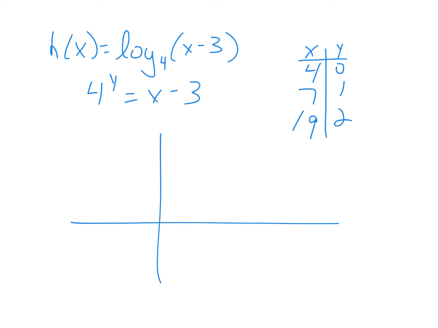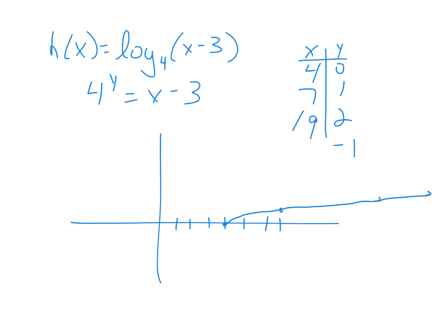And let's plot the points: 4, 0, 7, 1, 5, 6, 7, and 19, so it's going to be way over here. Now what's going to happen after we hit that x-intercept? Well, with the graph of the logarithmic function, if I were to pick y values that are negative, for example, let's say I pick negative 1.